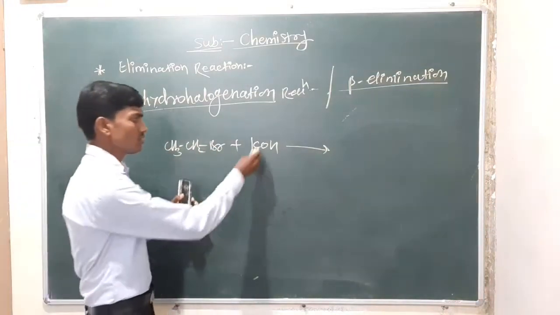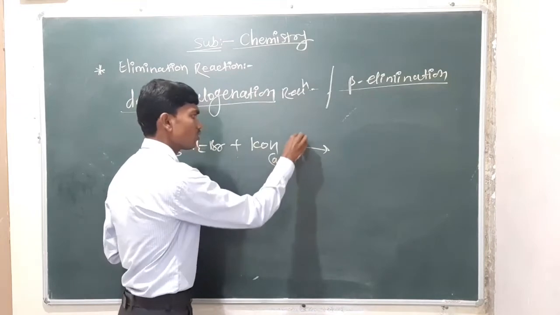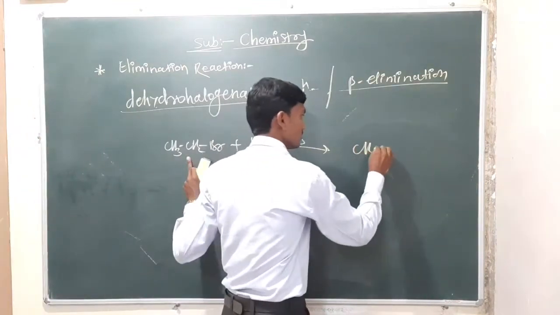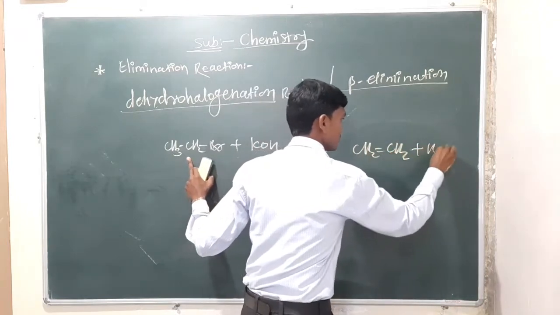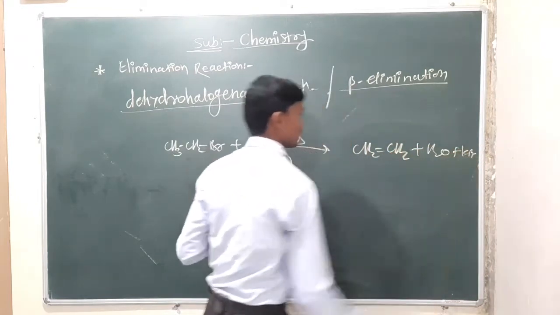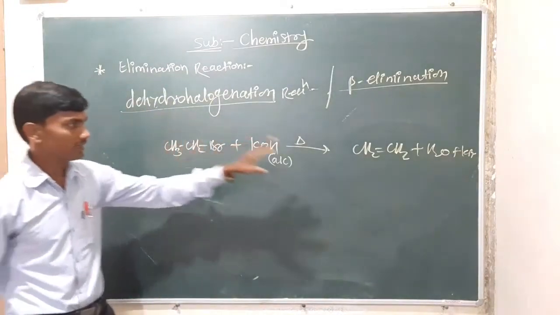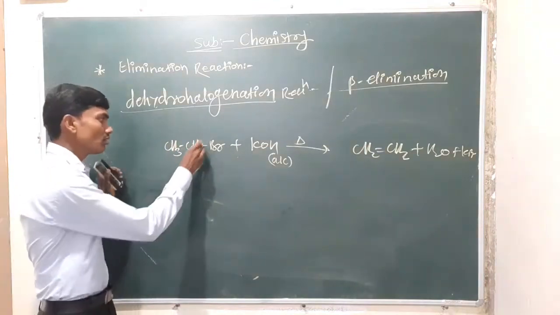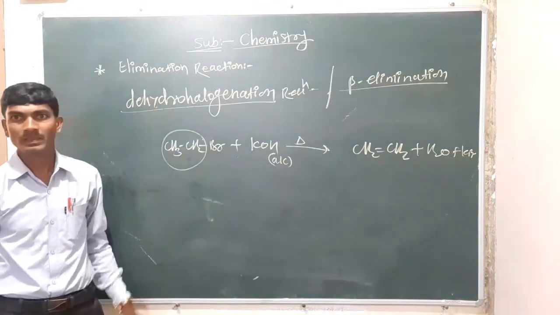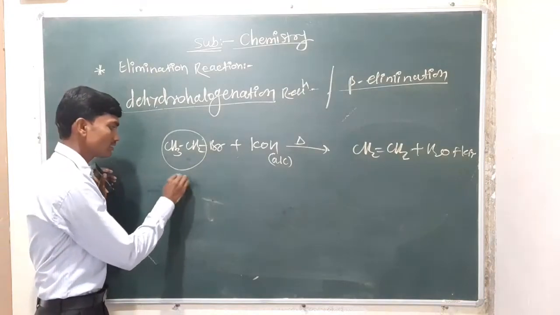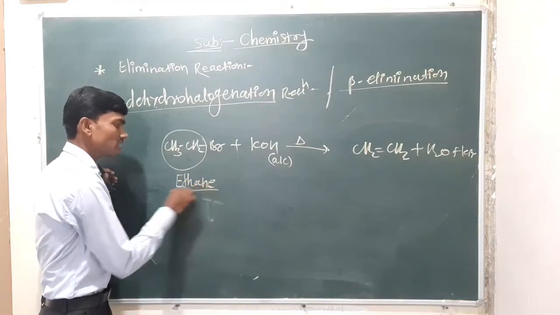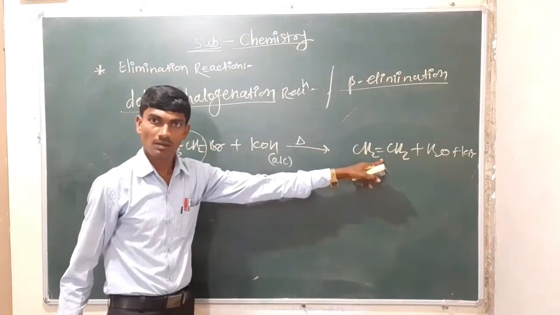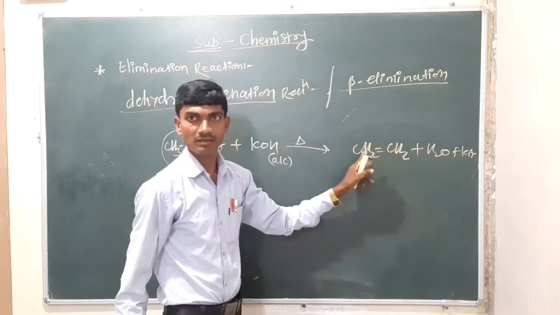Ethyl bromide reacts with potassium hydroxide in alcoholic medium to form the compound alkene. That alkene is called ethene because the parent alkane is ethane, with two carbon atoms.